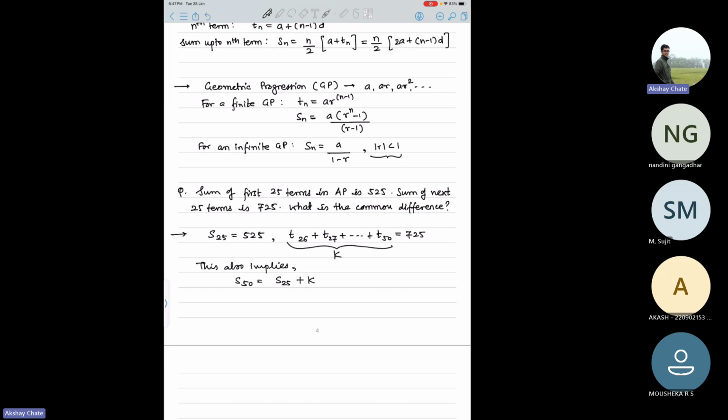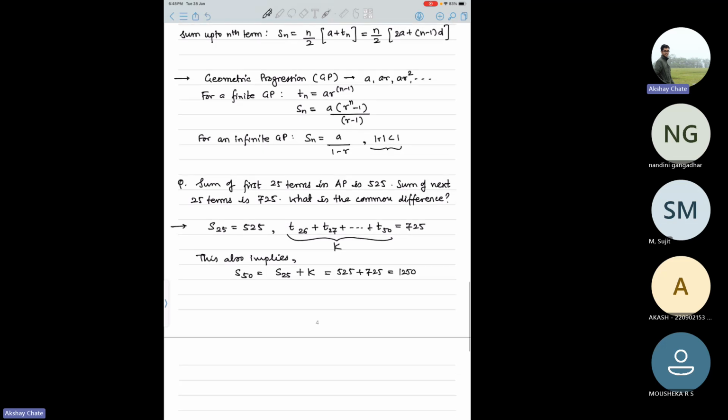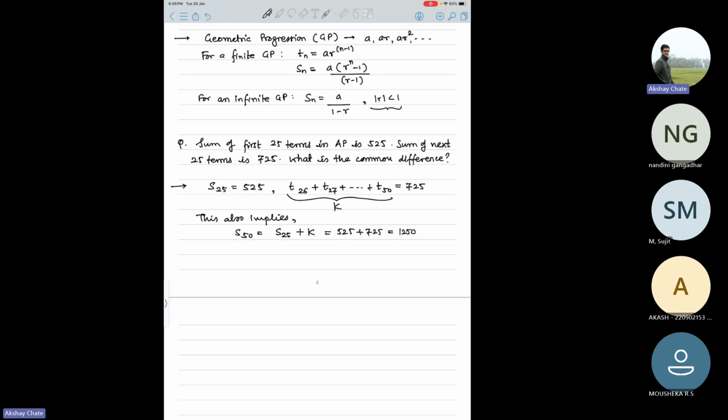So what does that become? It is 525 plus 725. So that will be 1250. Why am I doing it this way? Because we have the formula for the sum of first n terms, right? So it can be 25 or 50. We don't have the formula for intermediate things, no? So now it is somewhat clearer, no?